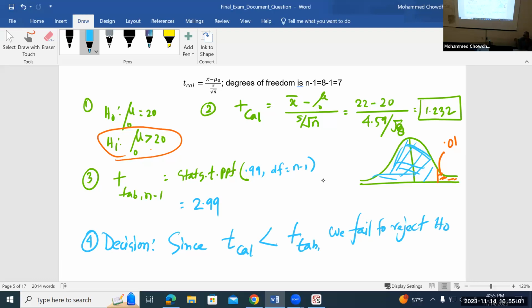Clear, right? But you will see something very funny when we enter the data and run the Python code: it will give you the p-value, and in such cases you will apply the p-value approach. Okay.